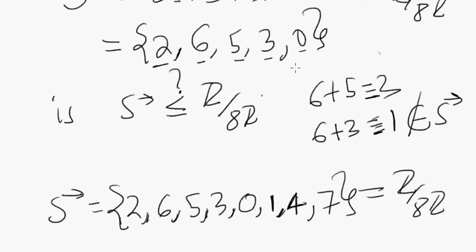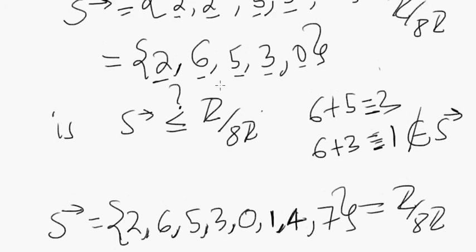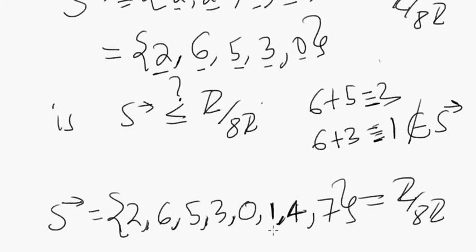Actually, does it matter even which element we start with? So the question was, how did we end up adding 1 to S extension? The way we added 1 was by checking 2, 6, 5, 3, and 0.